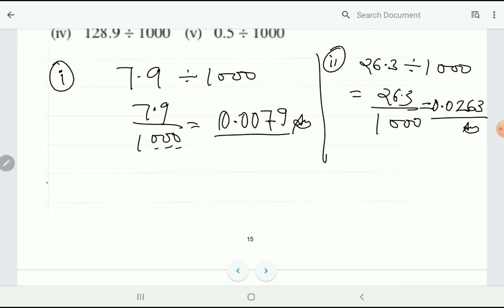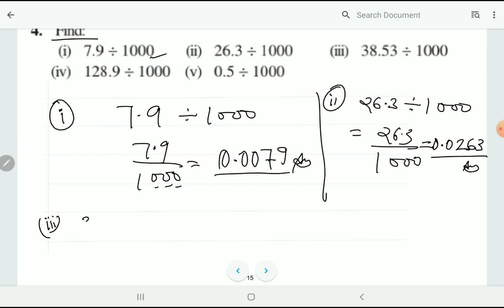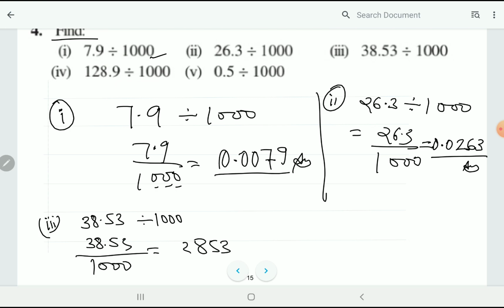Third part is 38.53 divided by 1000. Again the decimal will shift 3 places toward the left. So it will come 1, 2, 3 here. 0.03853.